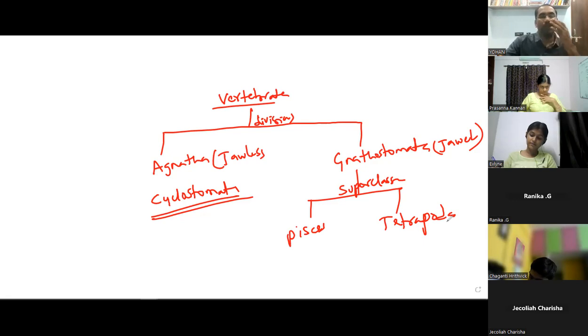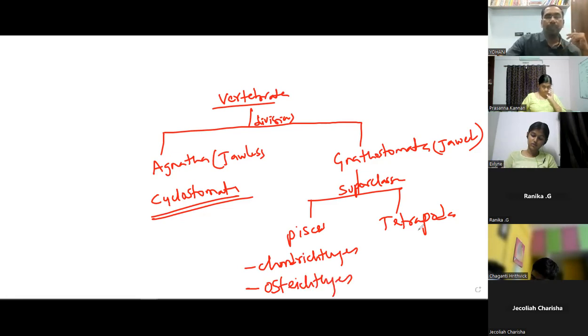Pisces: Chondrichthyes, cartilaginous fishes, and Osteichthyes, bony fishes. Tetrapoda: Amphibia, Reptilia, Aves, Mammalia.